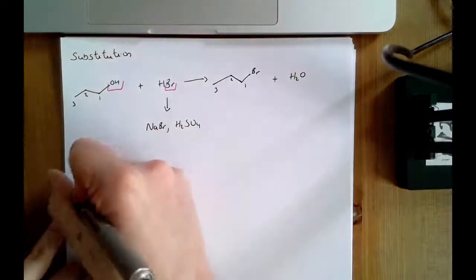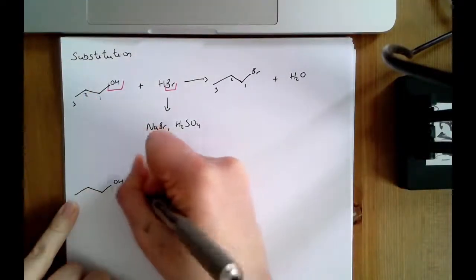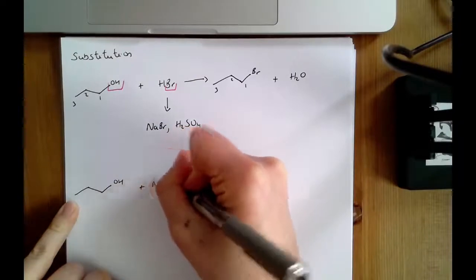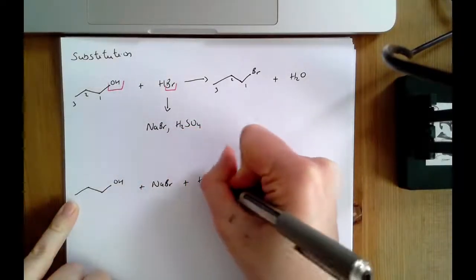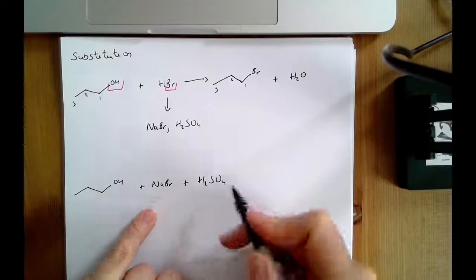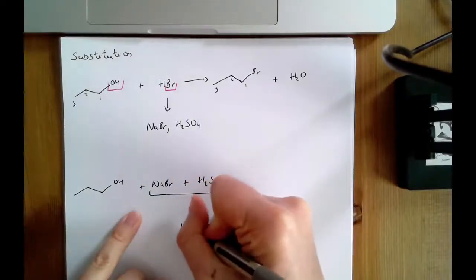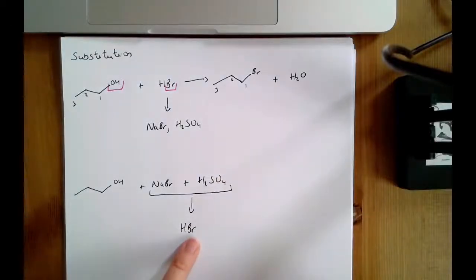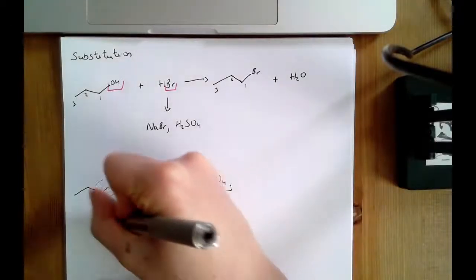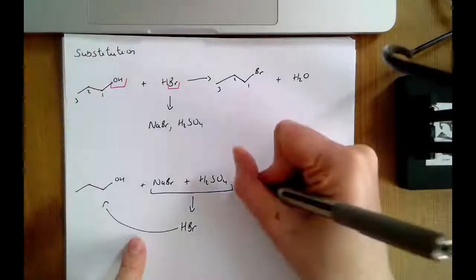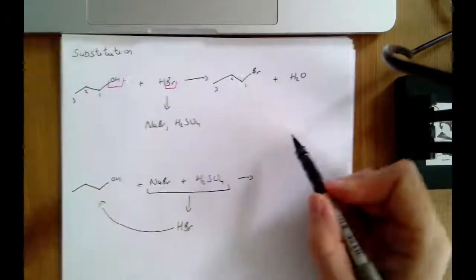So what you do is you take your alcohol, you chuck in some sodium bromide, you chuck in some acid. The sodium bromide and the acid, they will react together to form hydrogen bromide, and then the hydrogen bromide that you have formed will go and react with the alcohol, and you will get this substitution reaction.